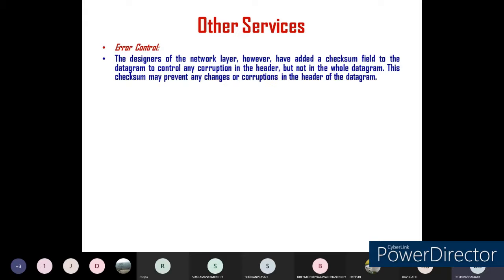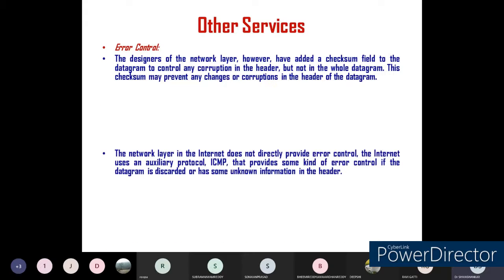A datagram is nothing but the information. This checksum may prevent any changes or corruption in the header of the datagram. As I told you, how to increase the signal strength and how to maintain the continuity of the cable connection is called error control or prevention.